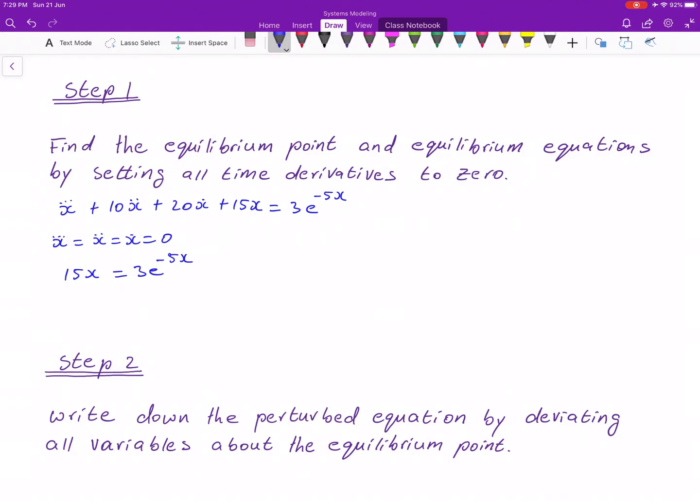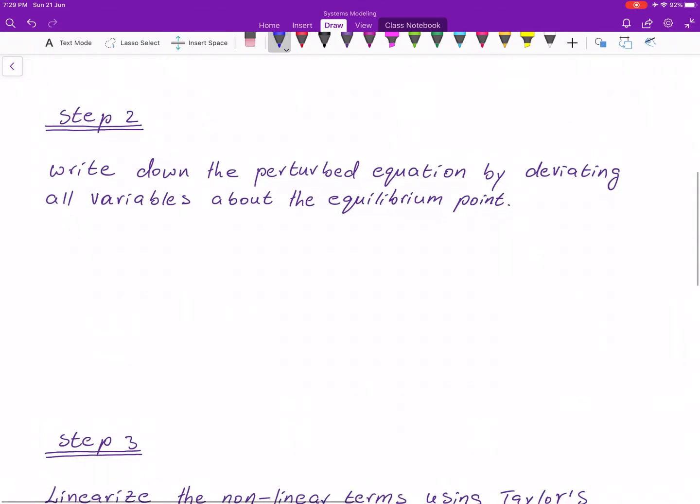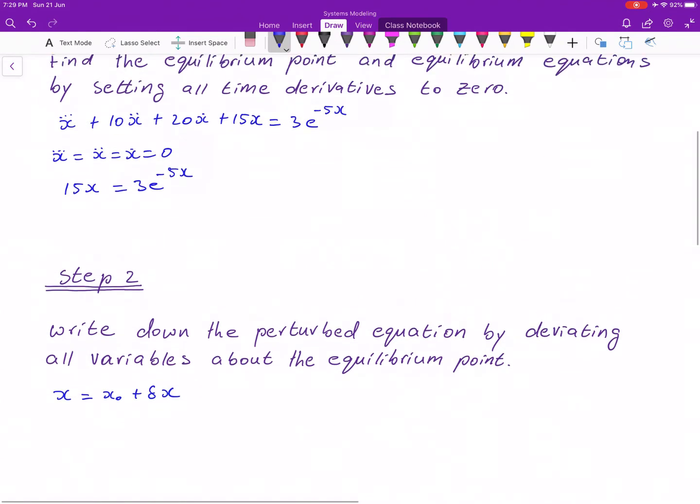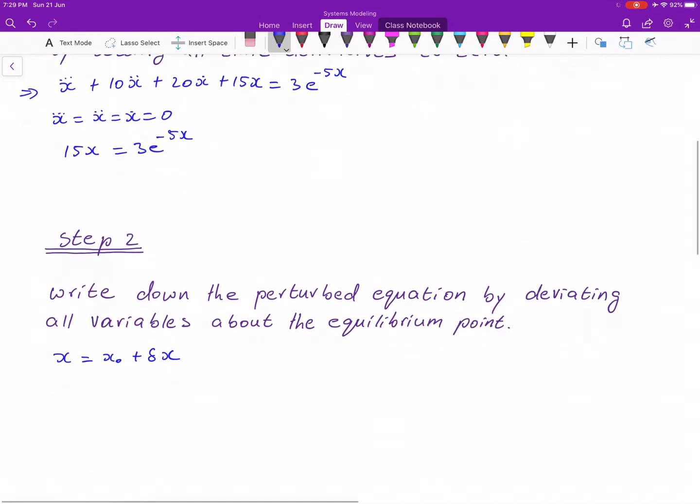And step 2, we need to write down the deviation equation. It says to write down the perturbed equation by deviating all the variables about the equilibrium points. So for our deviation equation, we want x to be x naught plus delta x. I'm going to substitute that into our main equation.